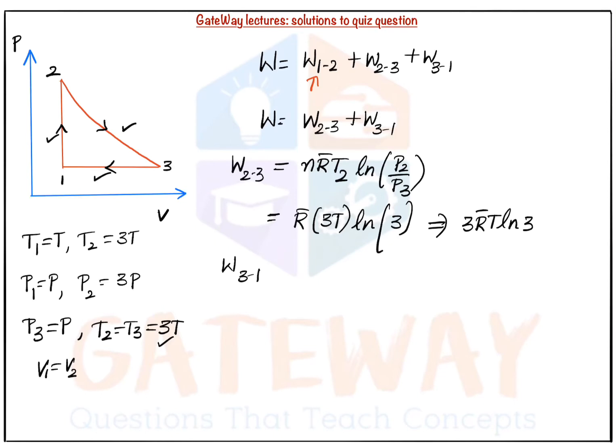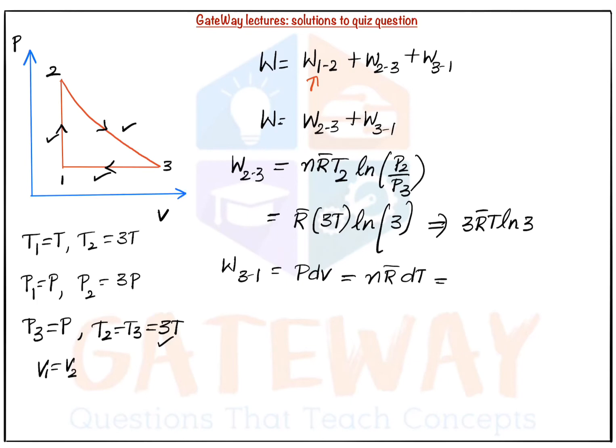And next, W3 to 1 is nothing but the integral of PdV, a constant pressure process, right? So P is constant, and since PV is equal to N R bar T, PdV can be written as N R bar dT.